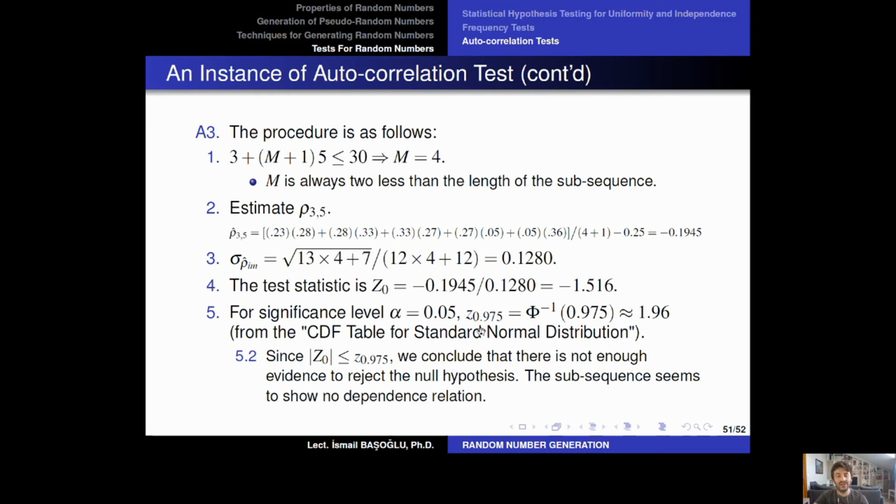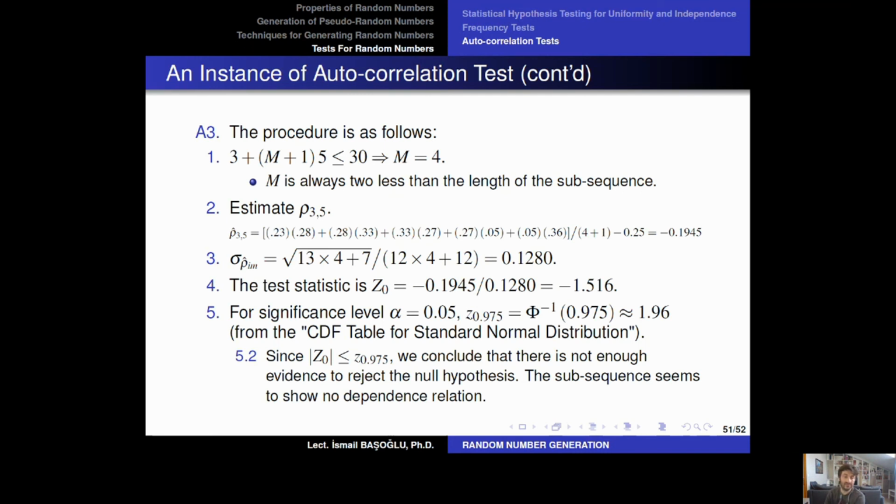If you remember your knowledge from probability theory and statistics, you would know that the 97.5% quantile of the standard normal distribution is approximately 1.96. And you see the absolute value of our test statistic is less than this critical value. So we conclude that there is not enough evidence to reject the null hypothesis here.